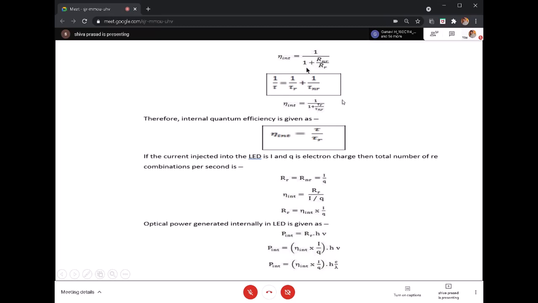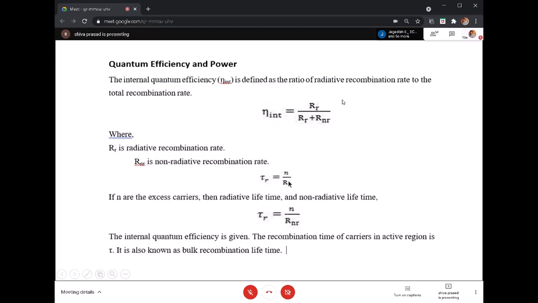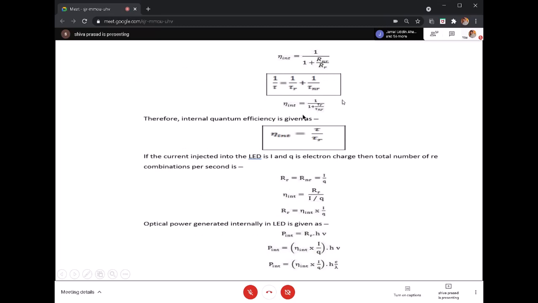RR by RR is 1, so we get 1 plus RNR by RR. You all know that tau R is equal to N by RR, and tau is equal to N by R. After substituting, 1 by tau will be equivalent to 1 by tau R plus 1 by tau NR.